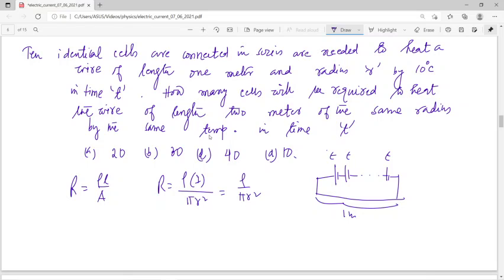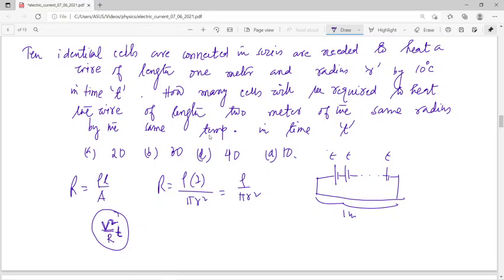So what we know is that heat is nothing but V square by R multiplied by T, that is the dissipation of power. And in the question, how many cells will be required to heat the wire of length 2 meter of the same radius by the same temperature. That means that is the power loss.